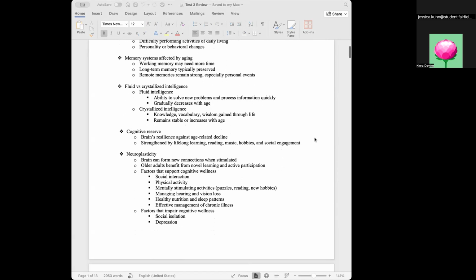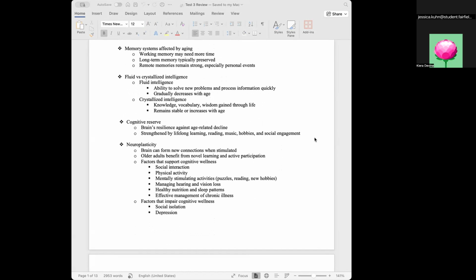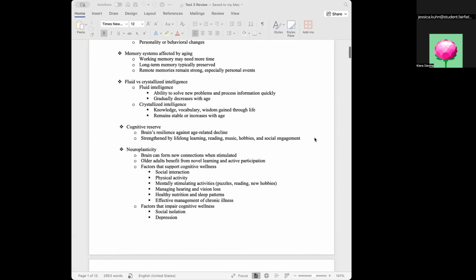And because of the decreases in the physical brain itself, everything moves a little bit slower. Long-term memory, though, is typically preserved. Although human memory is fallible in and of itself, long-term memory about things that have happened to them throughout their life should remain intact. Remote memories remain strong, especially personal events.